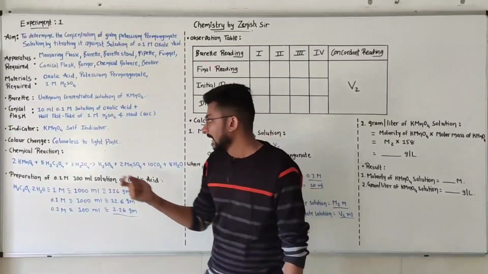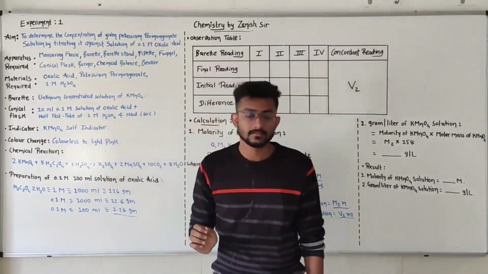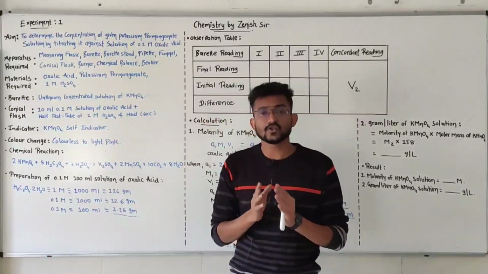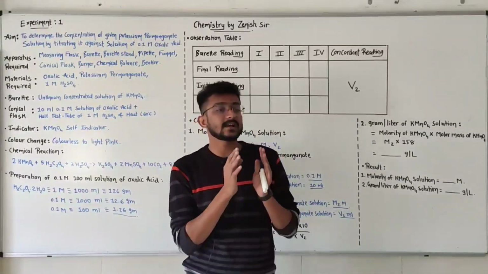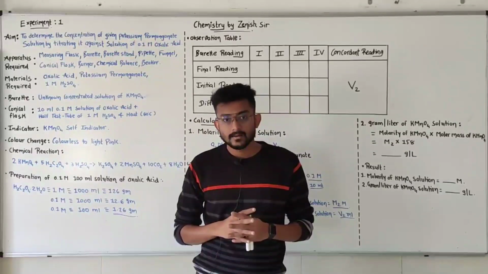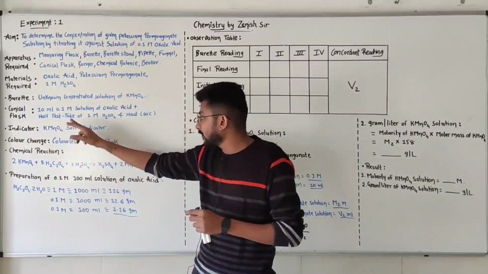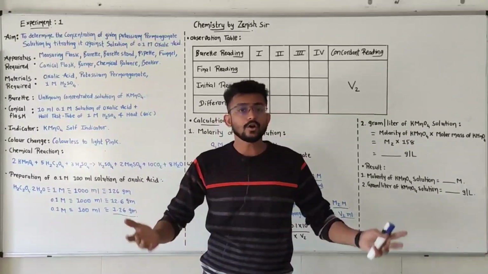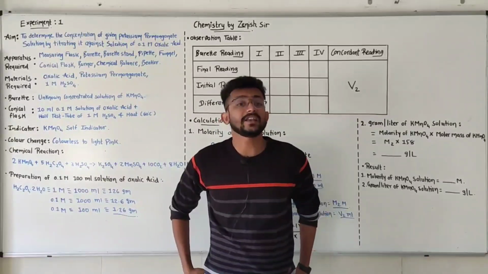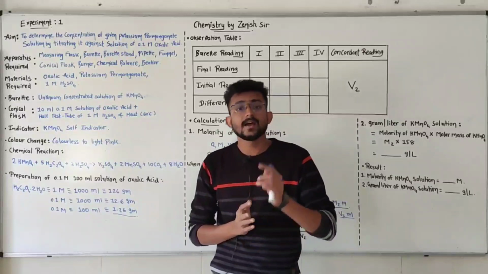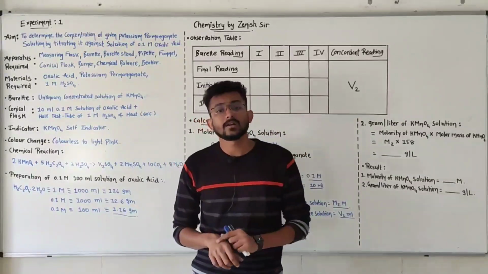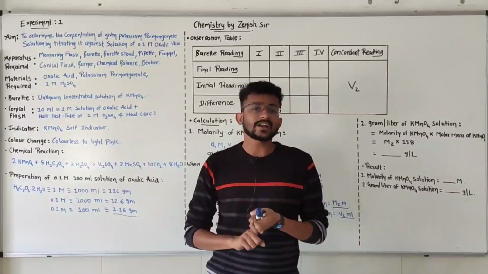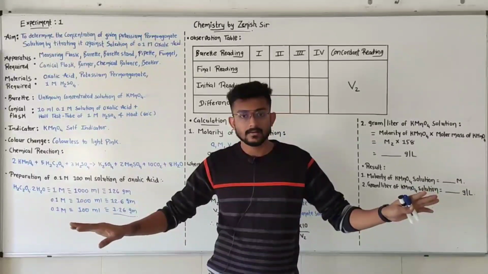Okay. Now, indicator. What is indicator? You know that indicator shows us that reaction is completed. I have written that KMnO4 is self-indicator. Why? As we all know, KMnO4 is violet in color. So as long as KMnO4 is reacting, its violet color will disappear.